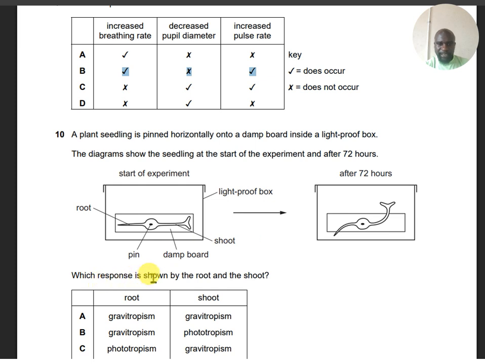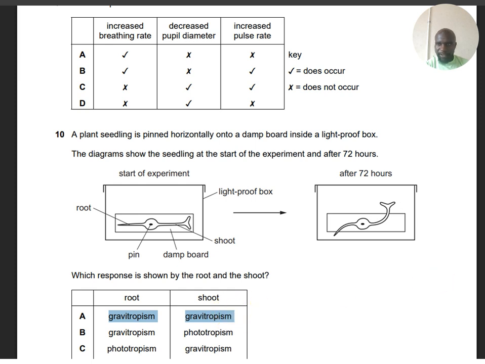Which response is shown by the root and the shoot? The root is going deeper towards the moisture, and then the shoot is going towards the light. So there is hydrotropism and phototropism. Let us check here. Number 10. So gravitropism in the root and phototropism in the shoot.